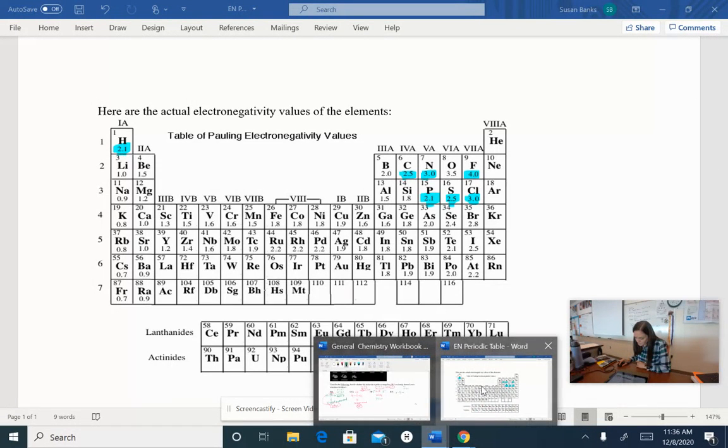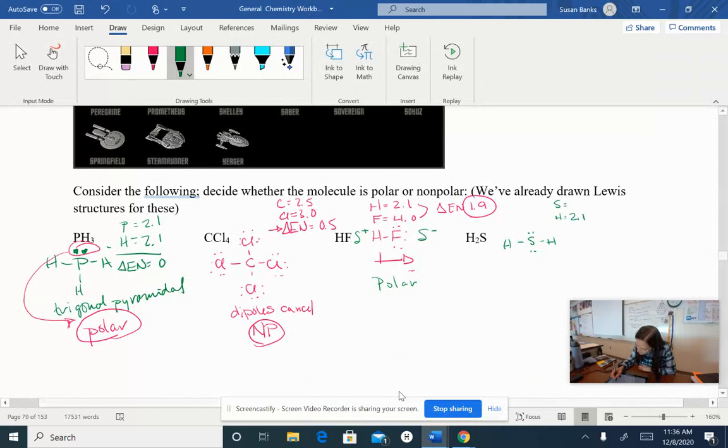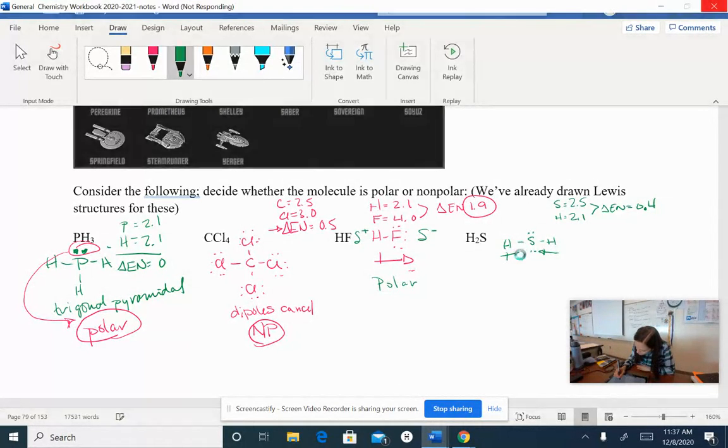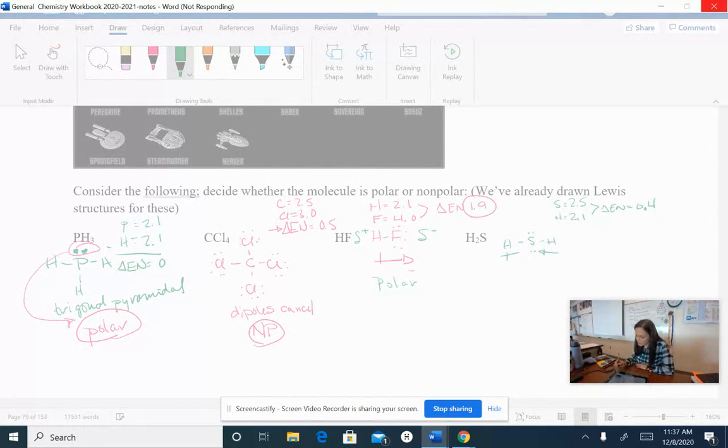So our difference here is 0.4. It's right on that border. So let's see if the geometry makes that so. That means that the sulfur is a little bit more electronegative, so the electrons will be pulled towards the sulfur.